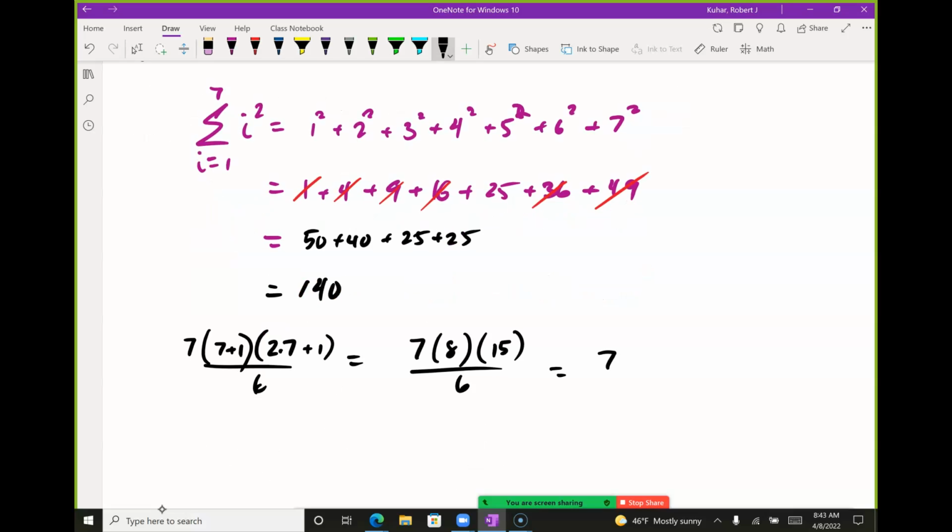That's 7 times 2 times 4 times 3 times 5 over 6. So the 2 and the 3 and the 6 go away, and I've got 28 times 5. Oh yeah, it's 140. Right, so you get the idea. So you could look at any of these up to any number and verify them.